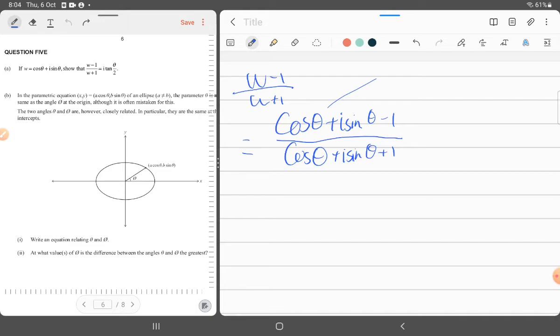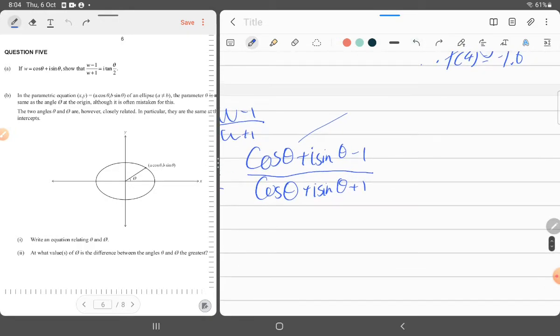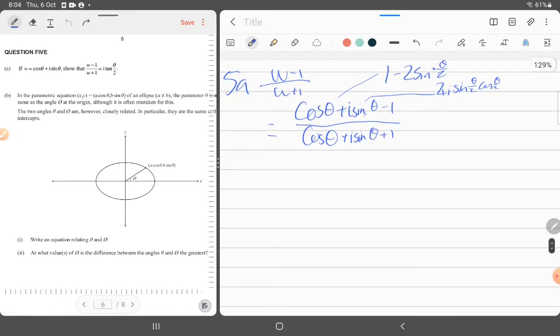So cosine theta can be written as, we want to get rid of this negative 1, so we're going to use 1 minus 2 sine squared theta over 2, and this I sine theta can be rewritten as 2I sine theta over 2 cosine theta over 2.